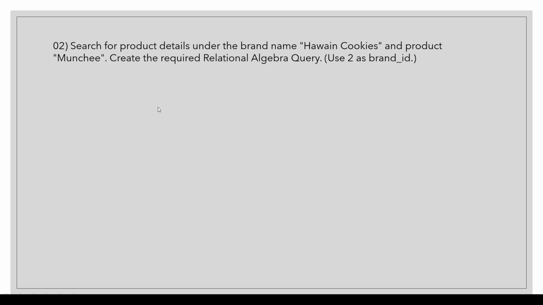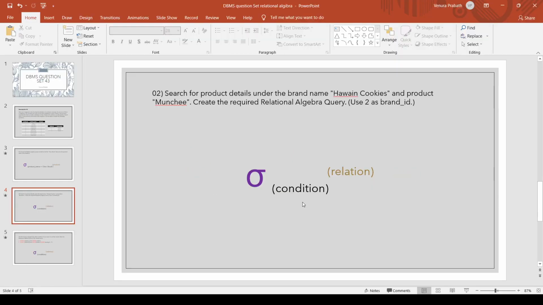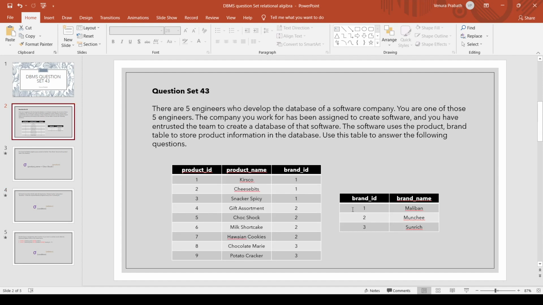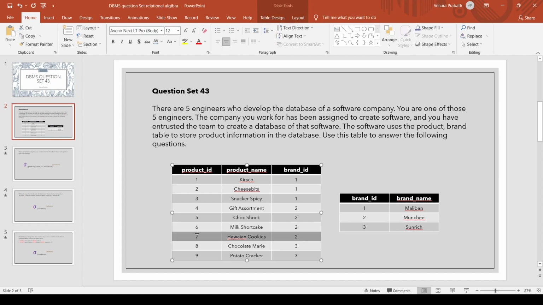If we are going to filter some data, we have to use the selection method. This is the syntax for the selection method in relational algebra. Let's see what the conditions are. Let me show you the database here. This is our record, and you can see only the brand ID is stored in the product table.